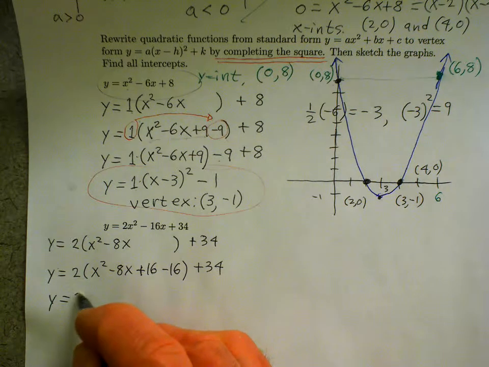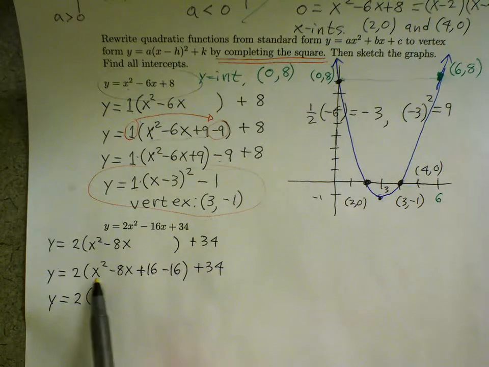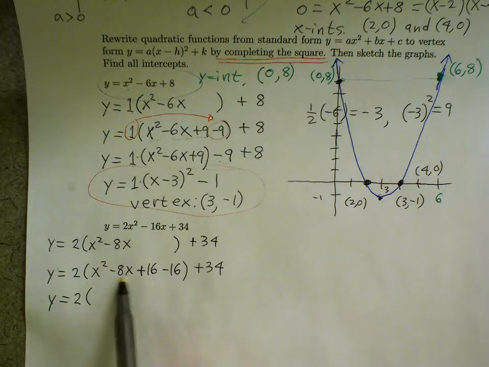In the next step, inside the parentheses, we're going to keep the perfect square trinomial inside: x squared minus 8x plus 16.